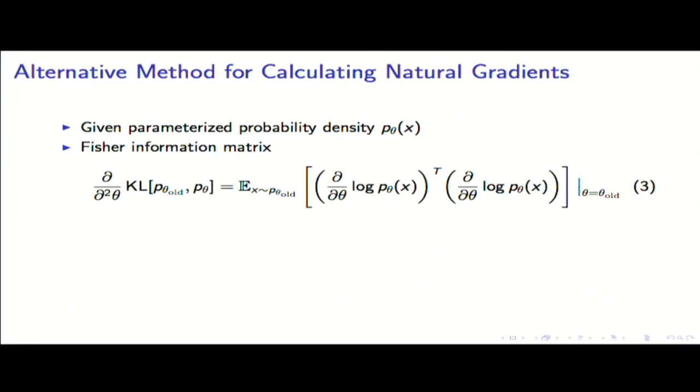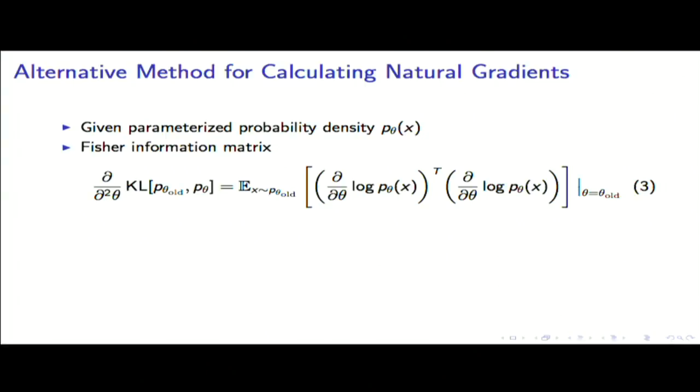You might have heard of it in other areas of statistics and machine learning. Just to review, there are two equivalent expressions for it. One is that you take the expectation of the outer product of grad log probability with itself, or equivalently, the covariance of the grad log probability. So that's one way of writing the Fisher information matrix.